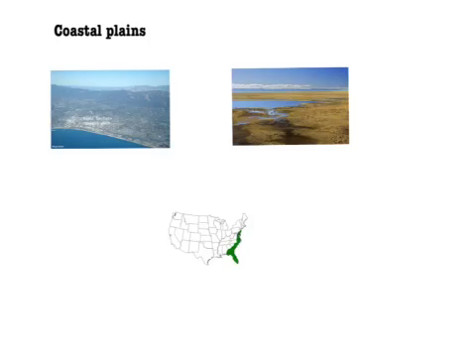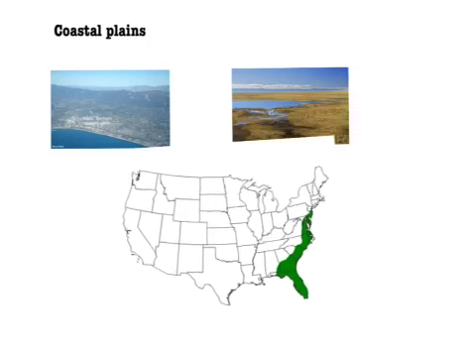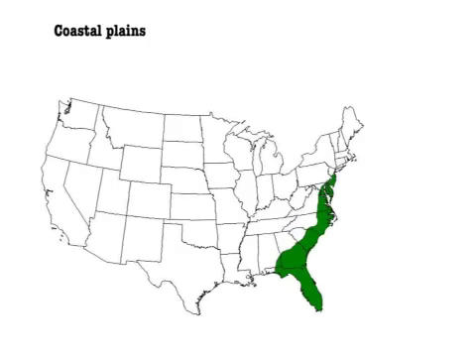And the other type of plains are coastal plains. These are plains found around the sea areas. From this map here of the United States, we can see that the coastal plains are shown here in green. So the coastal plains of the United States are found here on the east side.